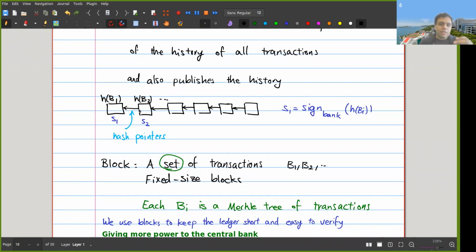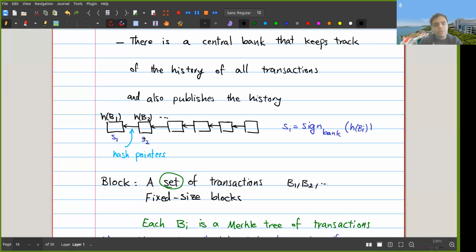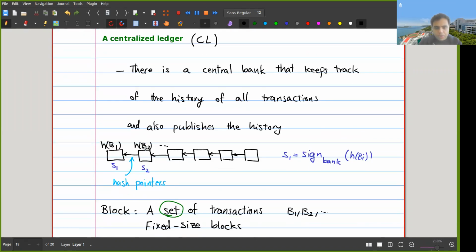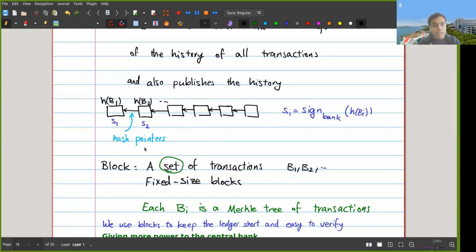This is similar to the problem that we had several sessions back when we were making sure that the bank cannot change the history, or if the bank changes the history, everyone will find out. Okay, so this is where we left in the last session, and now I'm going to continue from here.